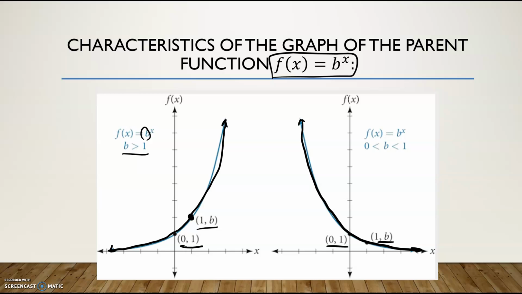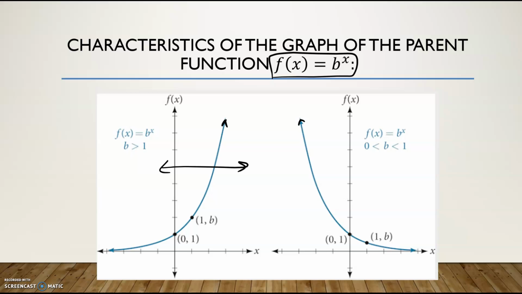Okay, now it talked about this being a one-to-one function. So, get rid of my markings. That passes the horizontal line test because it only intersects that line at one point wherever you go. Same thing over here, so it's one-to-one.